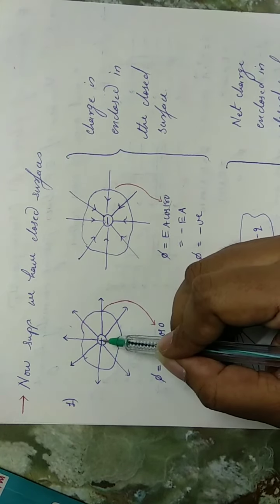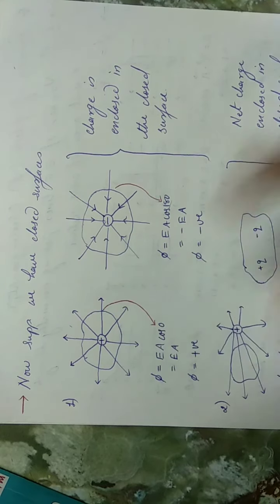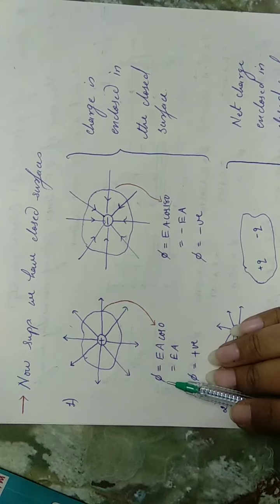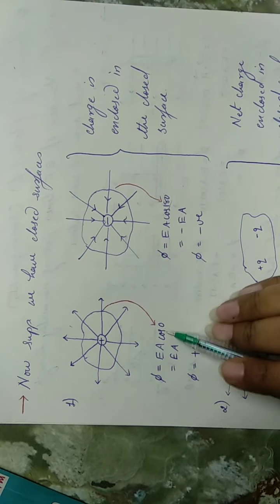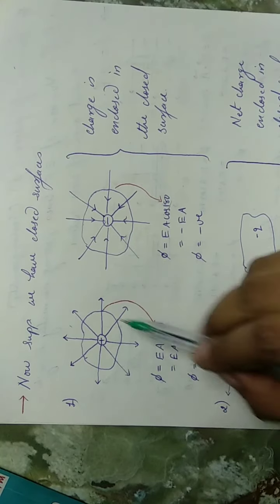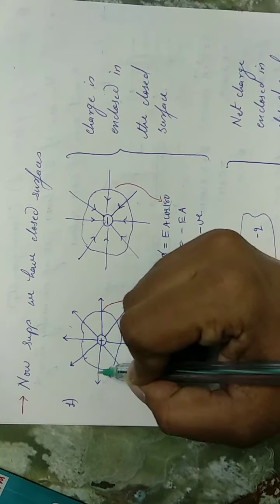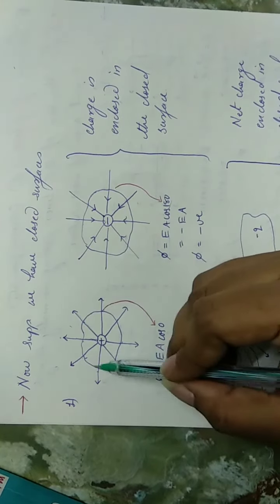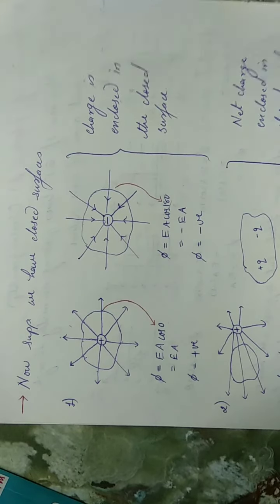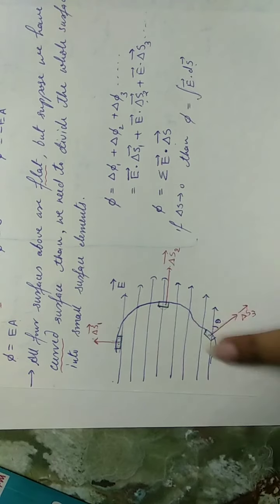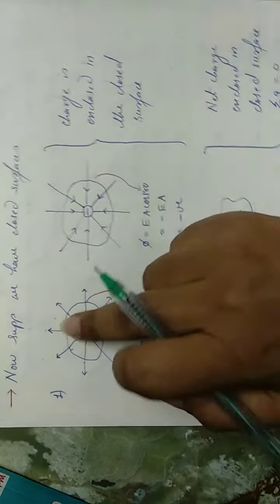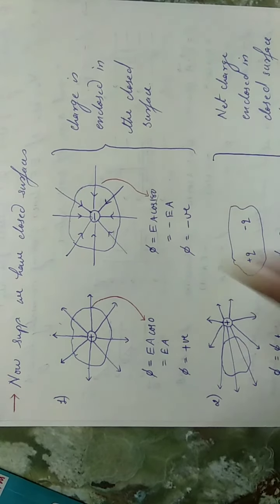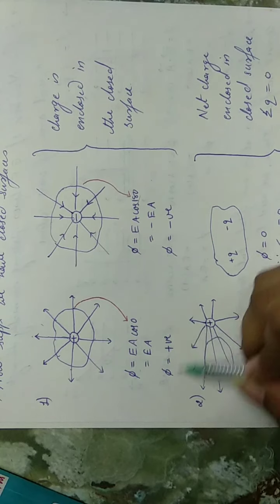Suppose a positive charge Q is enclosed in a closed surface, then the formula of flux is, as you know, E A cos theta. If I substitute the value of theta for all the portions, you can see here the direction of electric field and the area vector is going to be different for all the surfaces. So as we have studied here, we'll be dividing the whole region into small area elements, and then we are going to add all the small delta phi, and we are going to obtain the total flux, and the total flux is going to be positive.